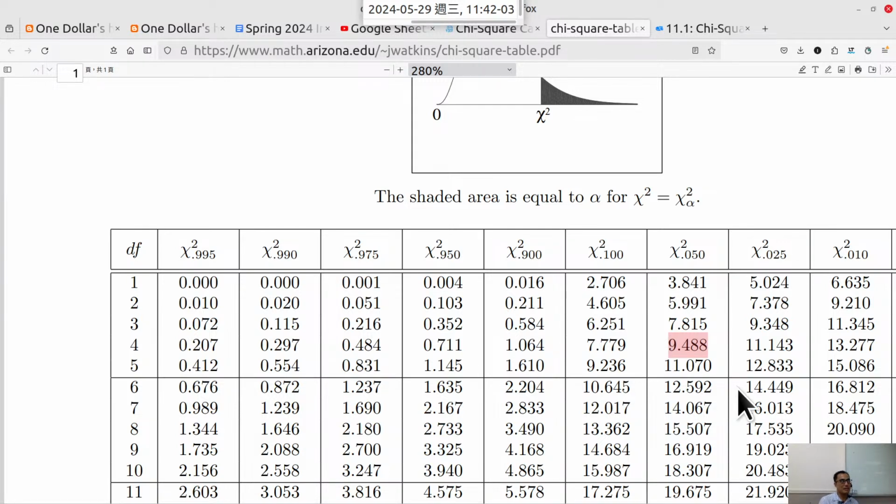Let me stop here for 10 seconds. Question, what can I do for you? The chi-square value is 9.488.